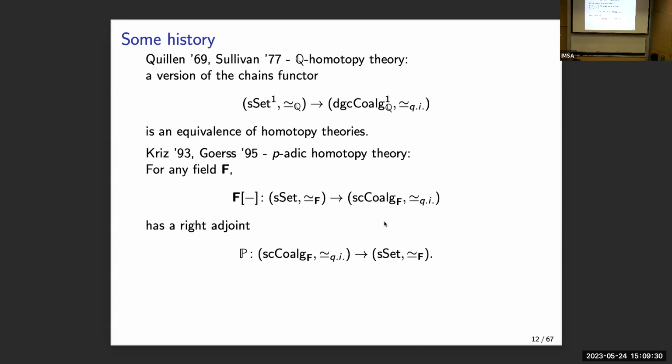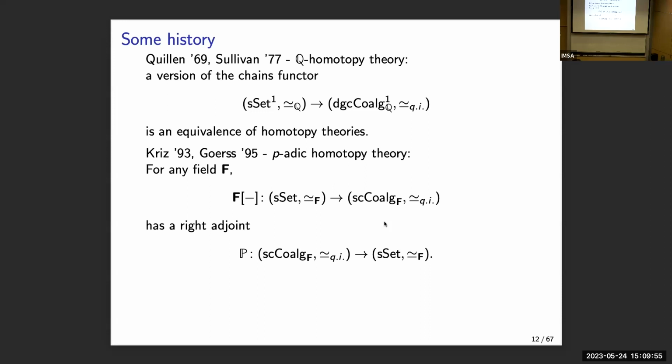We'll consider a version of the chains functor, which outputs a simplicial co-commutative coalgebra, and consider simplicial sets up to F homology equivalence. This is what this symbol means. A map of simplicial sets is an F homology equivalence if it induces an isomorphism in homology with F coefficients.